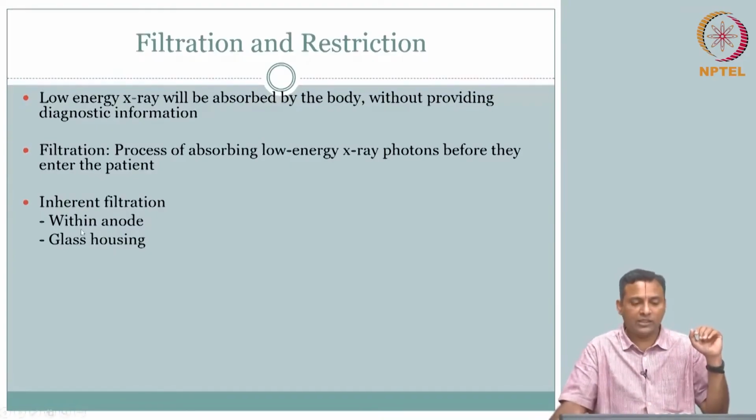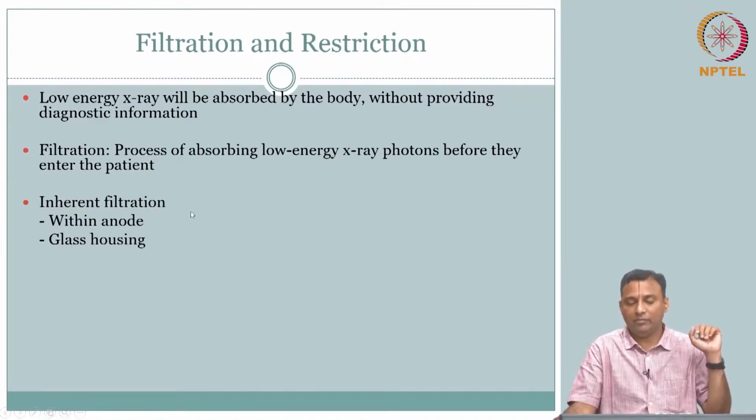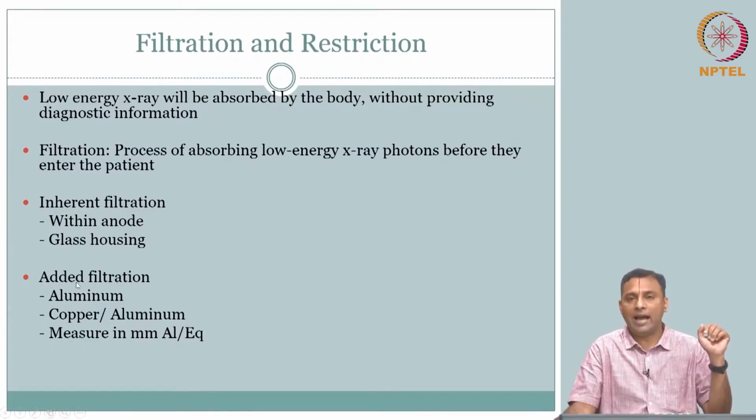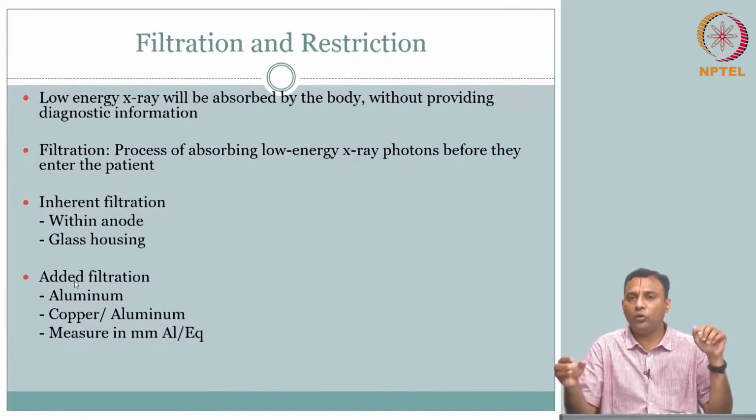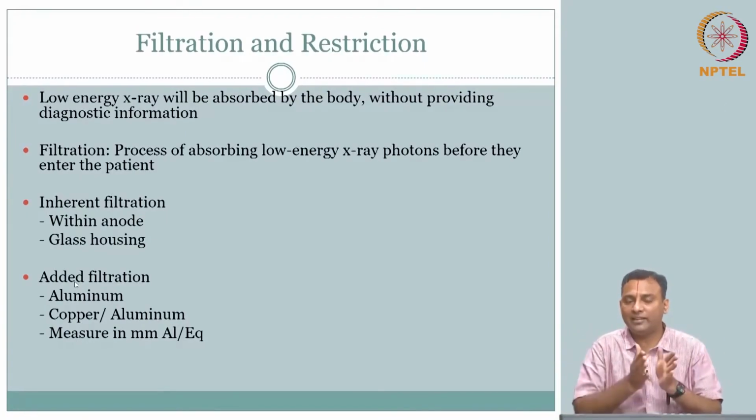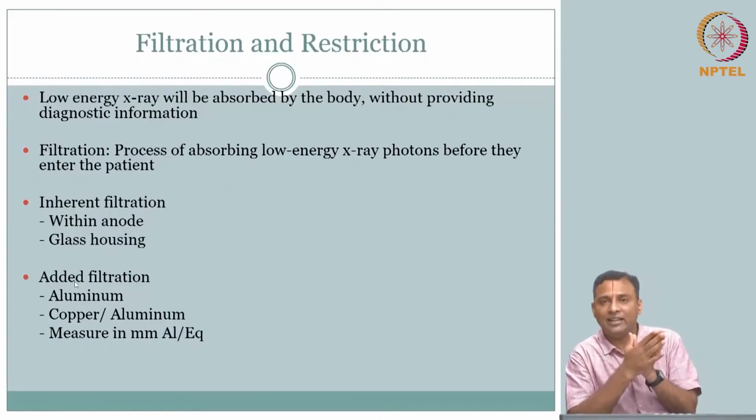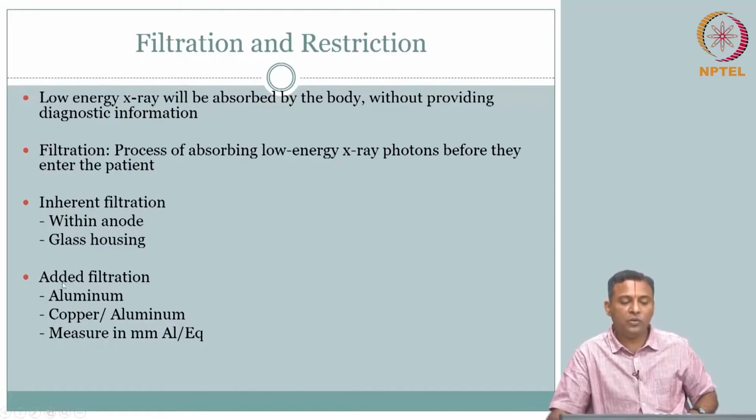So, the glass housing and the anode act as inherent filtering, but that is not in our control. It happens over time, but you are not proactively doing anything to it. What we proactively do is add an additional filter. I want a material to interact with this X-ray energy and absorb it.